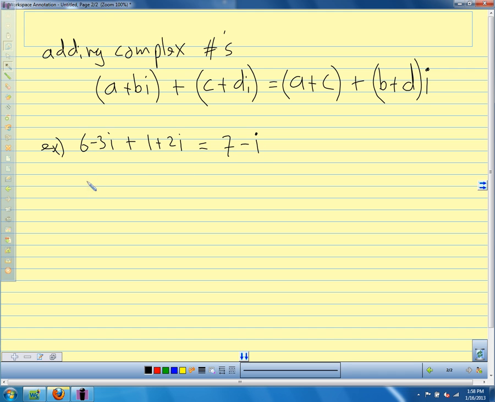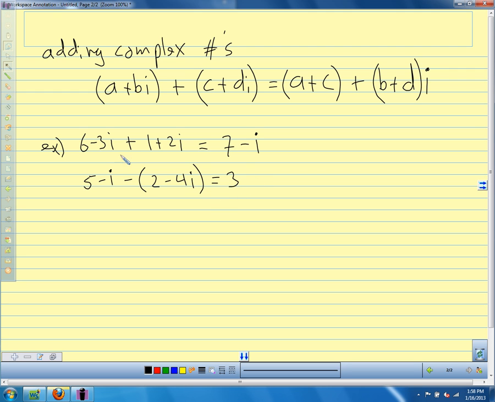And if I'm subtracting, just a quick subtraction example, 5 minus i minus, and when we subtract, it is very helpful to write our second number in parentheses, 2 minus 4i. So if I do this subtraction, what's going to be my real part? 5 minus 2. So I get 3.